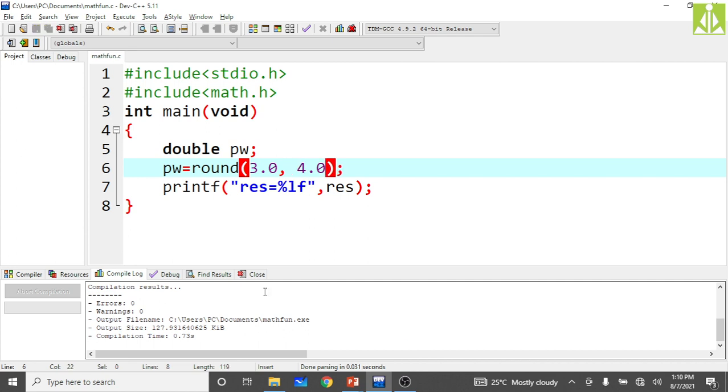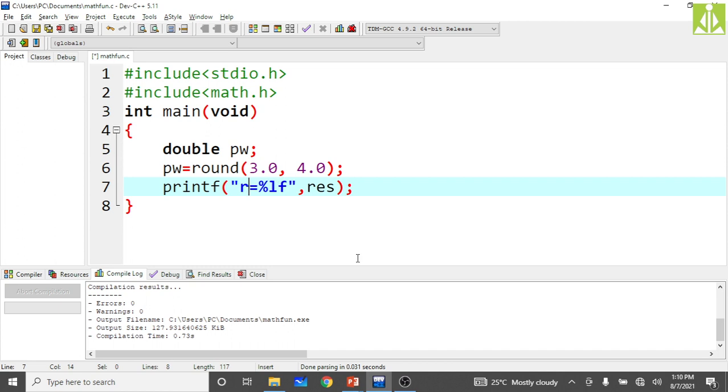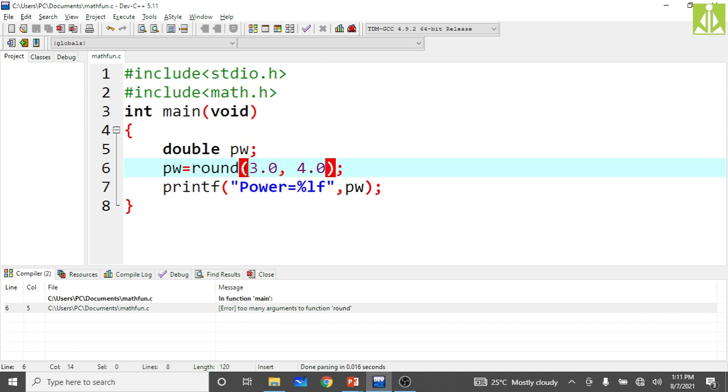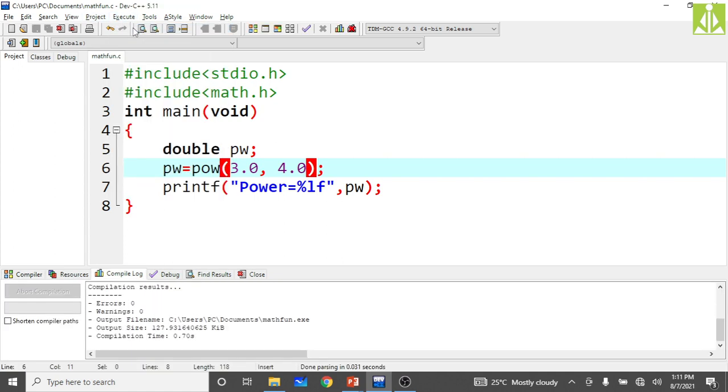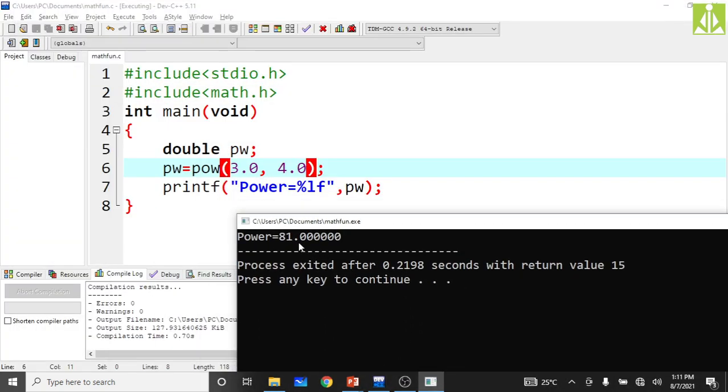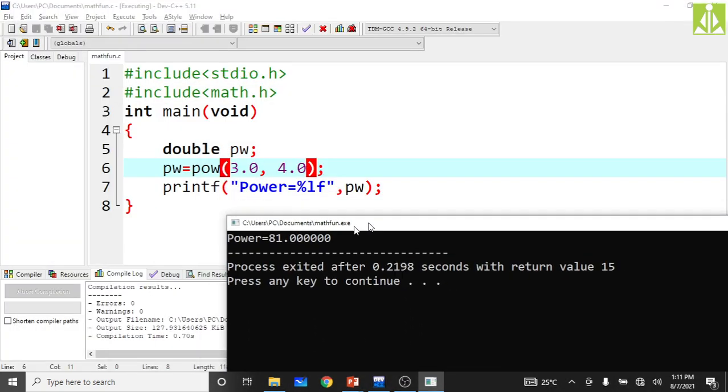And to see the power result, we need to print pw because the result is stored in the power variable now. Compile. What is it saying? Too many arguments to round. No, not round. My function name is pow, the power function. Go compile. Yes, successfully compiled. Run it. You can see we got 81. 3 power 4, that is 81 we got.